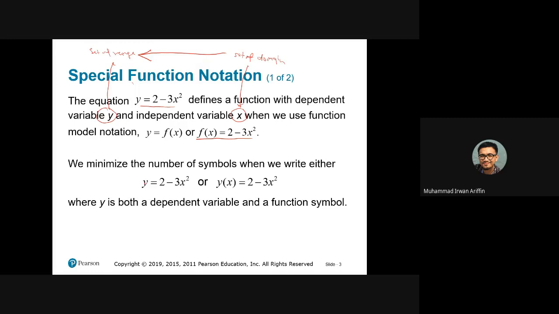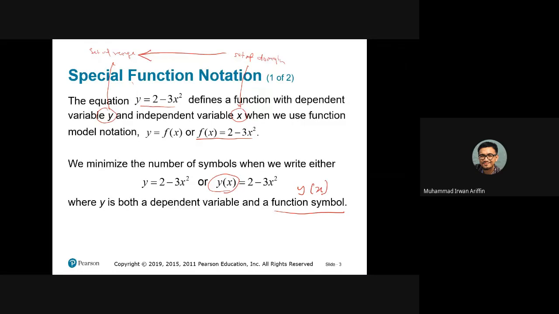So when we write it like this, we know that y is actually a function of x. Y is the dependent variable, and its value depends on x. That's why it is a function of x. In this case, y is used as both the dependent variable as well as a function symbol.